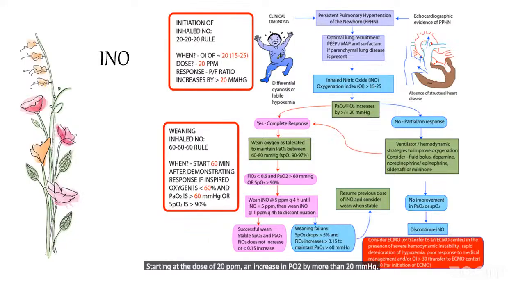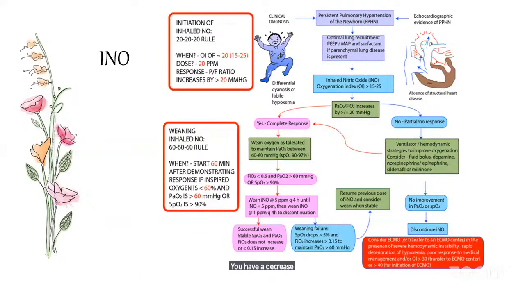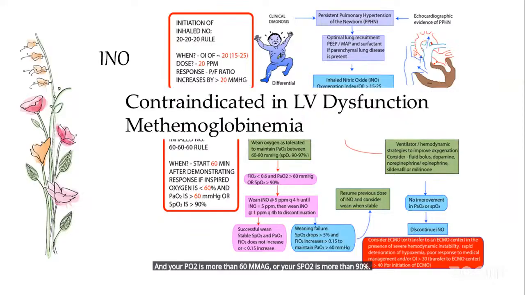Weaning is started as 60-60-60, or some people do the 30-60-90 rule: within 60 minutes of starting iNO, you have a decrease in the need for oxygen, FiO2 less than 60%, and your PO2 is more than 60 mmHg or your SpO2 is more than 90%. This is the drug of choice because it is a selective pulmonary vasodilator, but it is contraindicated in LV dysfunction and methemoglobinemia.